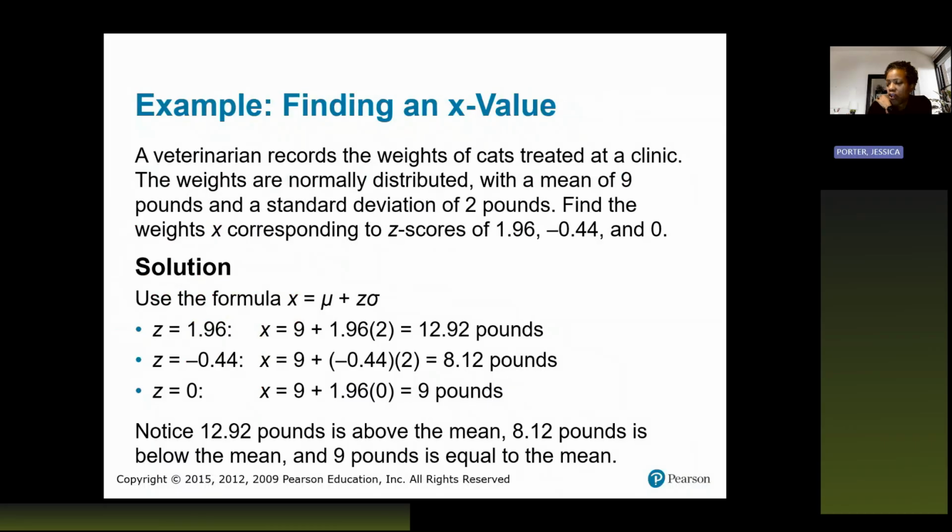Okay. So we had a veterinarian with a mean of 9 pounds and a standard deviation of 2 pounds. Find the weights x corresponding to z-scores of 1.96, negative 0.44, and 0. So we just plug into the formula.